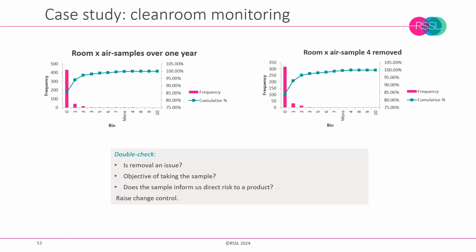If we wanted to, we could run some other supporting statistics, but generally, as a visual impact, taking that sample out, reducing an excessive sample, has not altered the distribution of the environmental monitoring from that room.